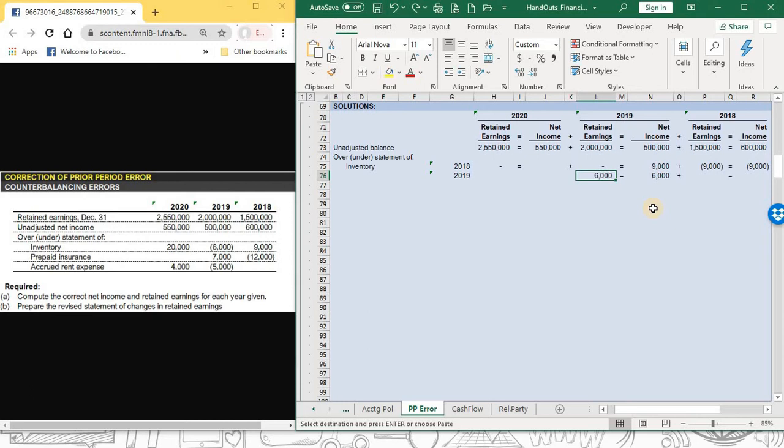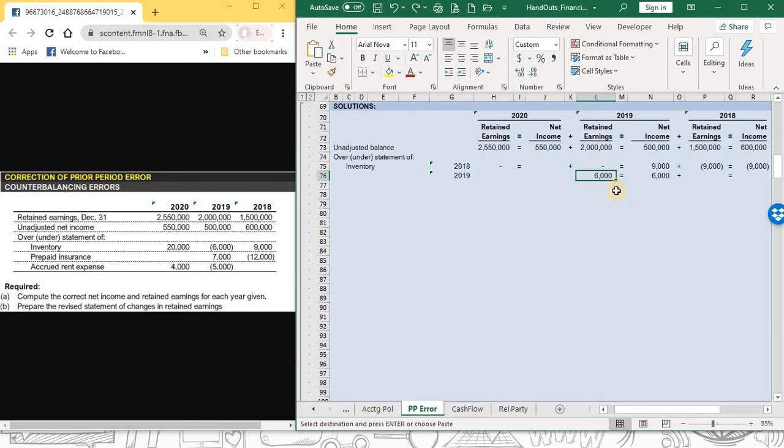So we need to add back again the 6,000 pesos to retained earnings because the 500,000 peso net income, which is understated by 6,000, was closed to the retained earnings at the end of 2019. That is why the 2 million pesos is also understated by 6,000 pesos. And to correct the understatement, we need to add the 6,000 pesos.